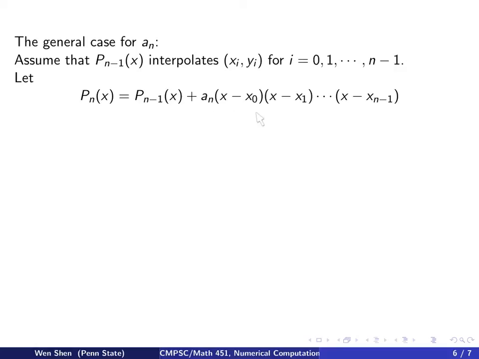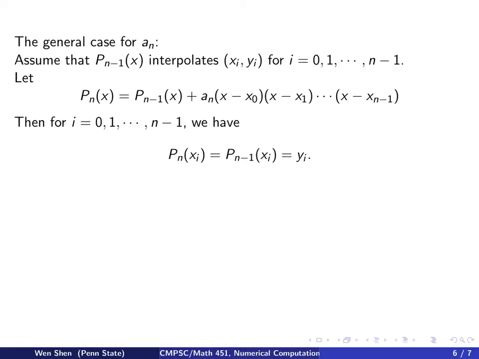And now we should be quite comfortable with this particular form. That particular form exactly allows the polynomial Pn to preserve the interpolation property of Pn minus 1 at all the data points i from 0, 1 to n minus 1.